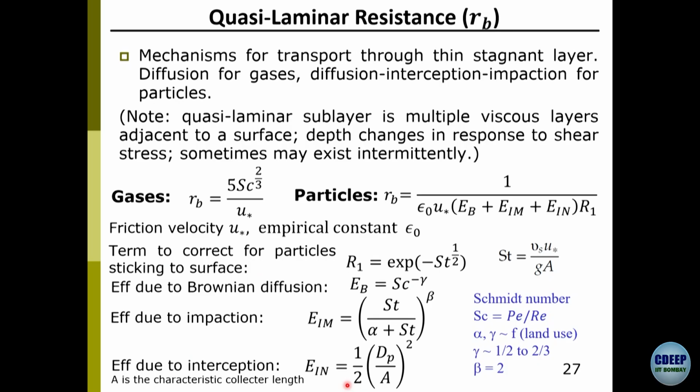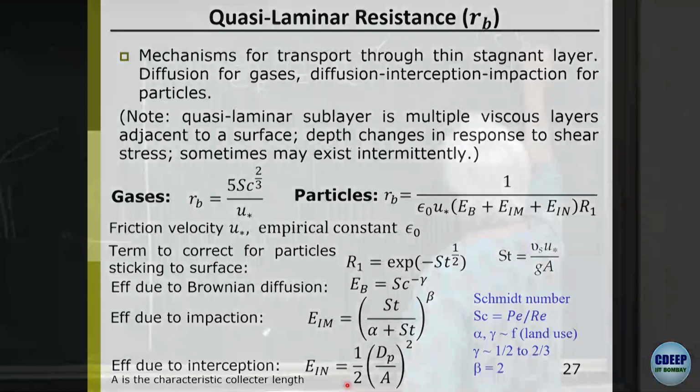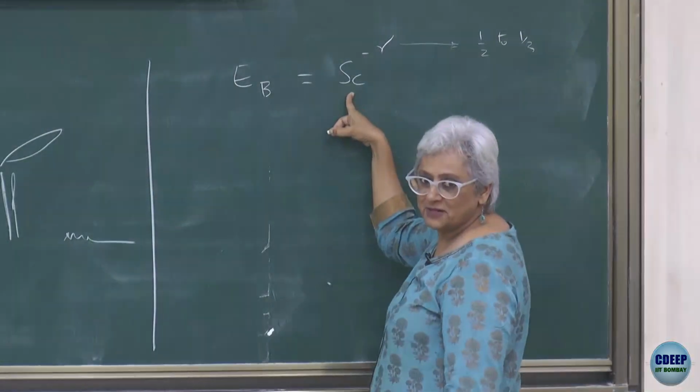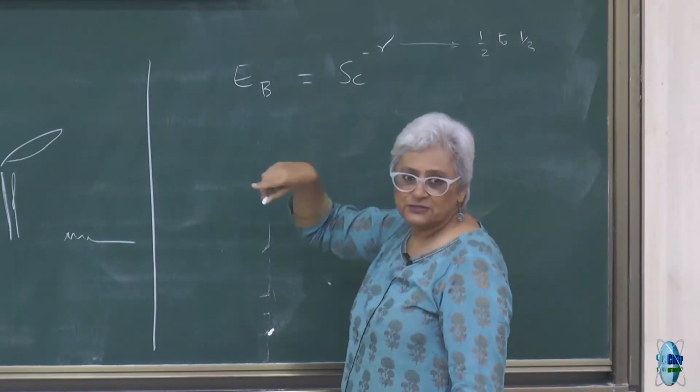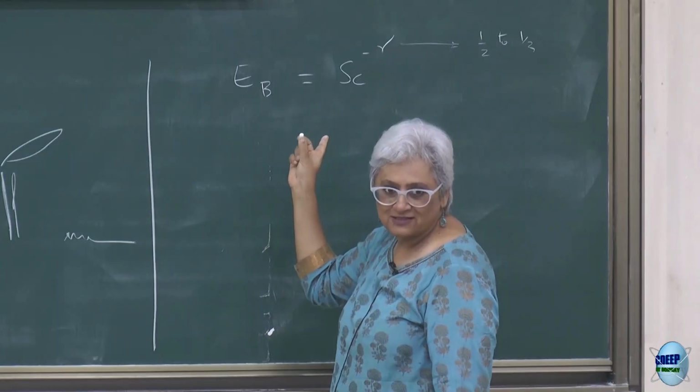So we're back to particle deposition mechanisms, and what do you see? You see your EB being Schmidt to the minus gamma, and this gamma is anywhere from half to 1/3, and Schmidt is Peclet by Reynolds, so you've gotten back to your Peclet to the minus 1/3, right?